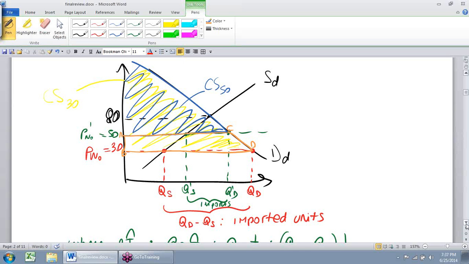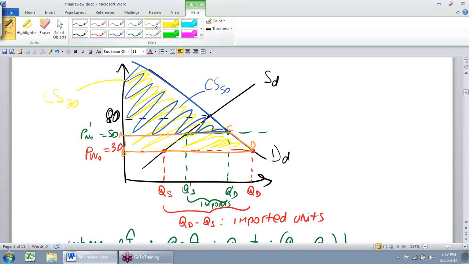Any question on this? You can also understand why, because you have increased the price. Consumers now are consuming fewer units of the good because it's more expensive. Again, the price has increased from 30 to 50. Since the consumer surplus is the area above the price and below the demand curve, if the price increases, the consumer surplus will decrease.